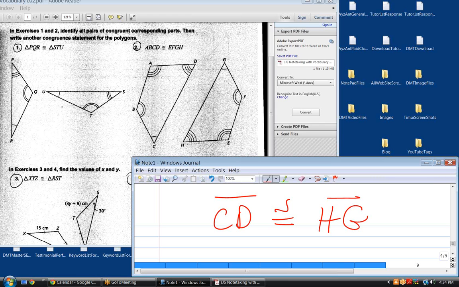So side BC would be opposite A and D. So if I was looking for the corresponding side BC, which would it be over here? GF. Good.